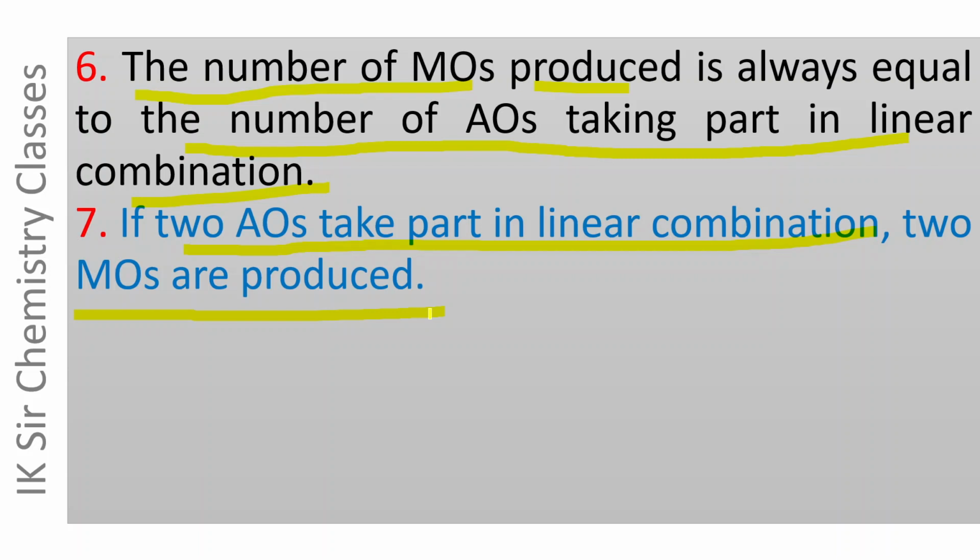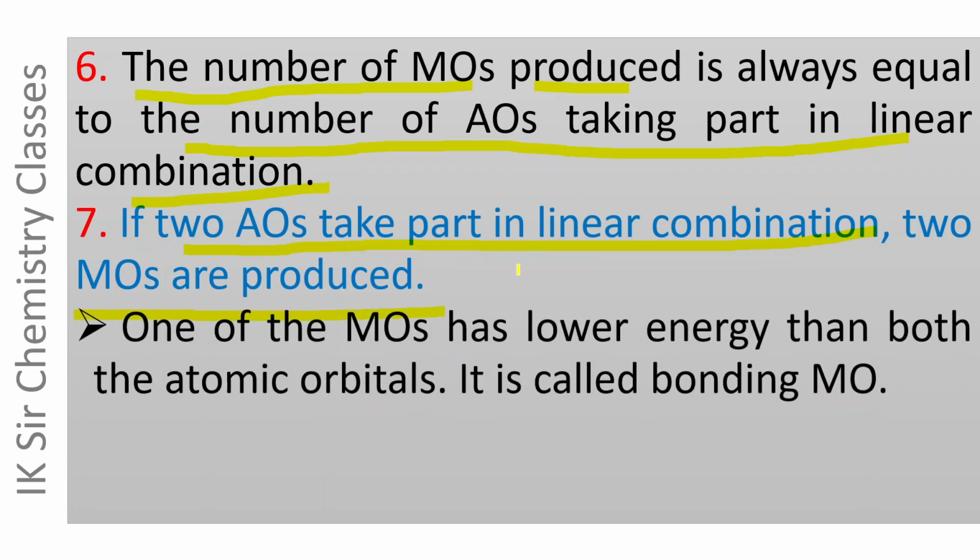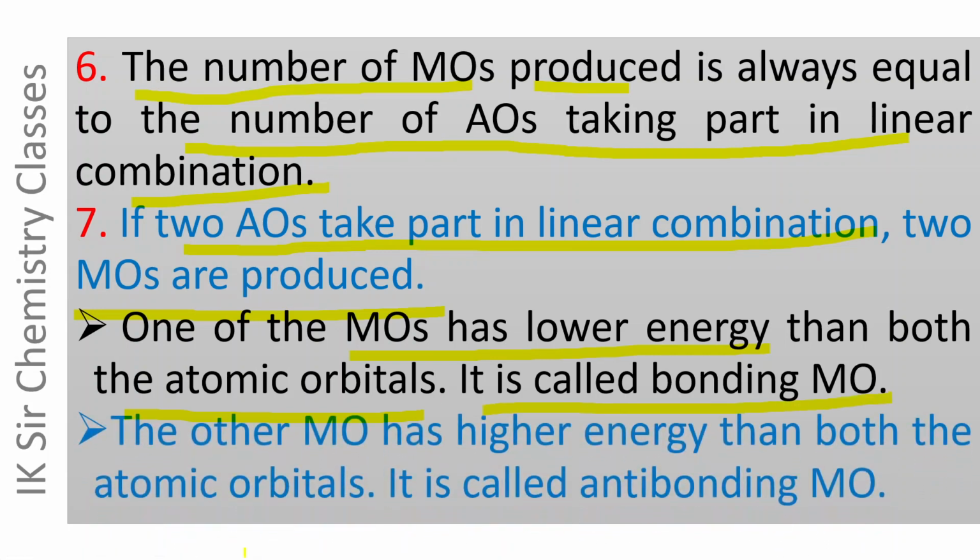If three atomic orbitals take part in linear combination, three molecular orbitals will be produced. One of these MOs has lower energy than both the atomic orbitals. It is called bonding molecular orbital. And the other MO has higher energy than both the atomic orbitals.